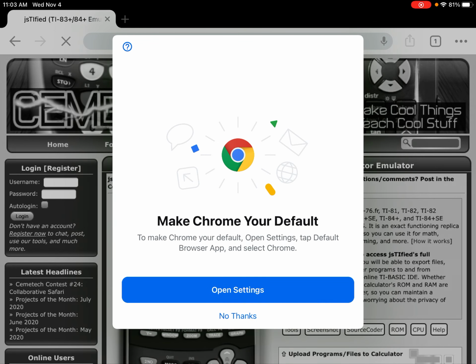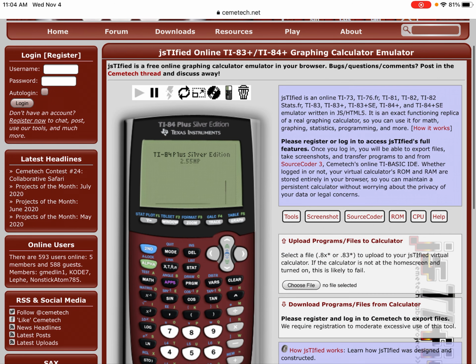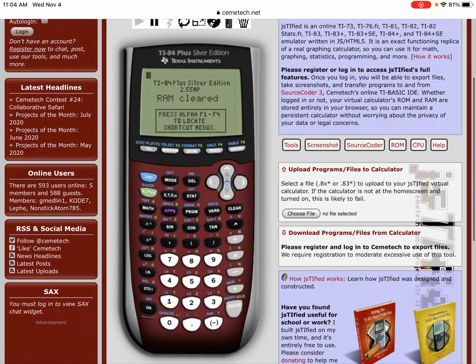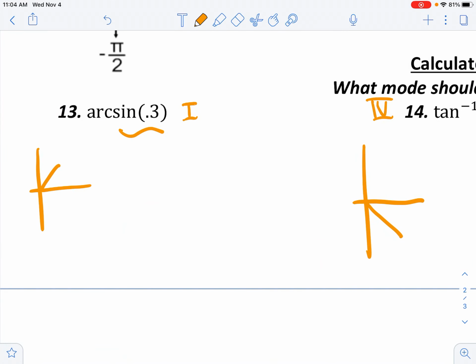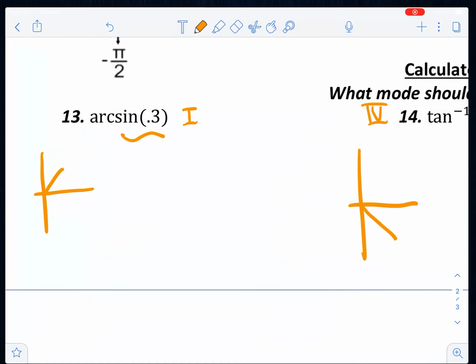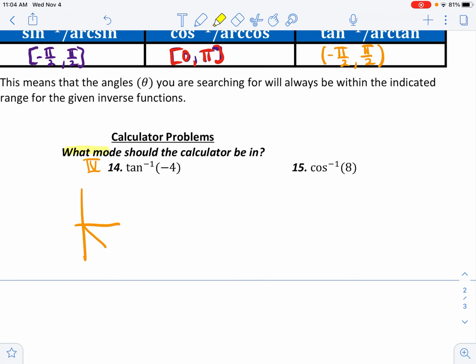All right, I just want to make sure we know how to put this in our calculator. So I'm going to go into my Chrome here, get it loaded. The first one is arc sine of 0.3. First off, it's really important, what mode are we going to be in?